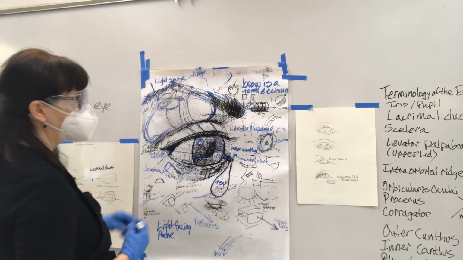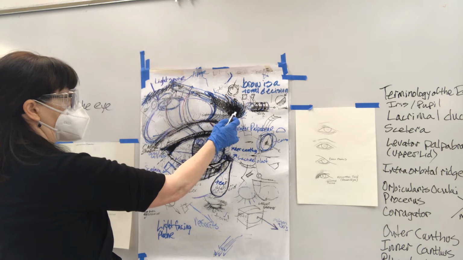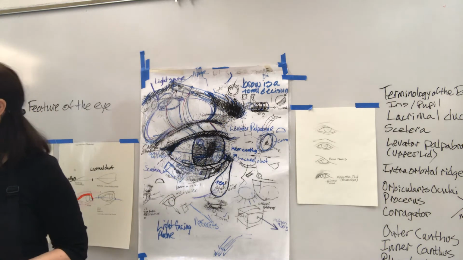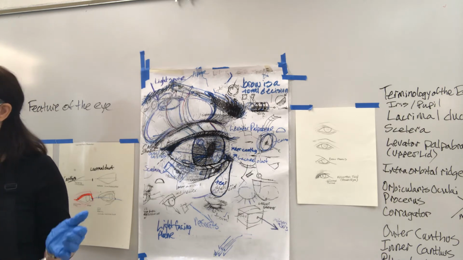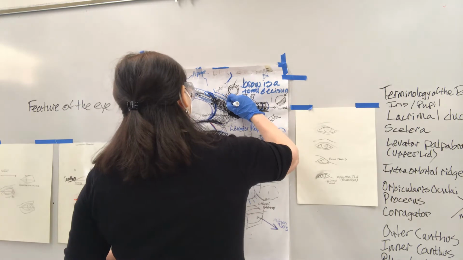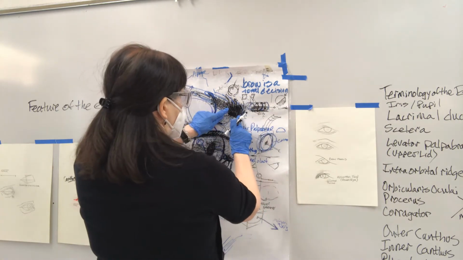So the actual eye itself, again, here's the brow ridge or superciliar arch. It's what the brow is sitting on. And the brow is not a construct of individual hairs. It is a decision of value. And so as we put this in, it's darkest here.